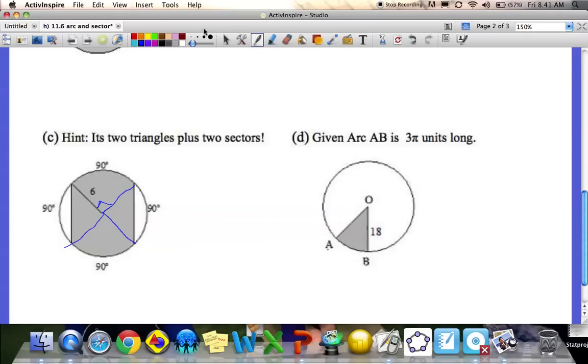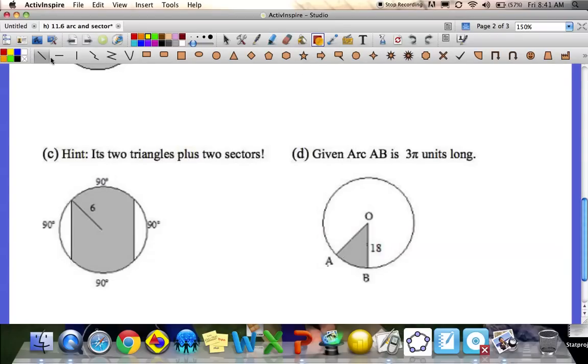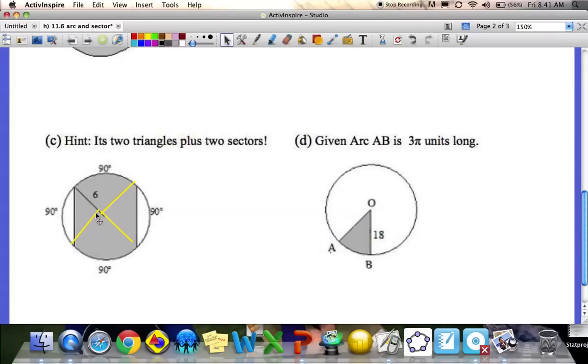Oh, I should have actually made it over here. Actually, I'll see if I can make it. Oh, yellow, fabulous. So that one's a little bit off, but maybe I can move it.